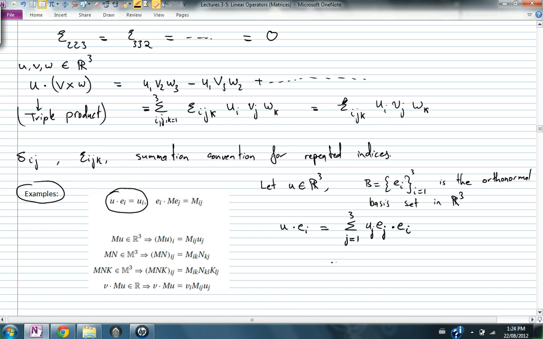Which allows me to write it like this: the sum from j equal 1 to 3, or using the summation convention, I don't need to write the sum sign. I'm just going to write u_j e_j dot e_i.